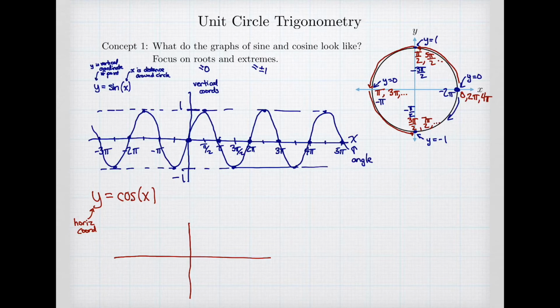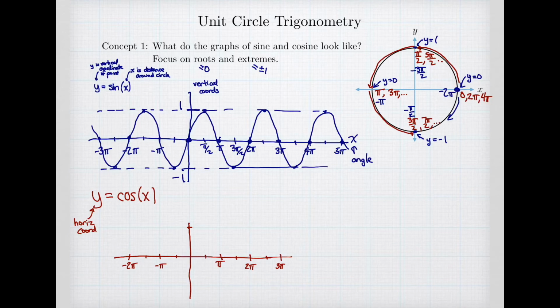I'll be using the same x coordinates, multiples of pi halves, because it's the same basic points that we're interested in. So let me write down the multiples of pi, and we'll mark all of the half multiples as well. The cosine starts at a height of 1 because when I start at angle 0, my x-coordinate, my horizontal coordinate, is positive 1.